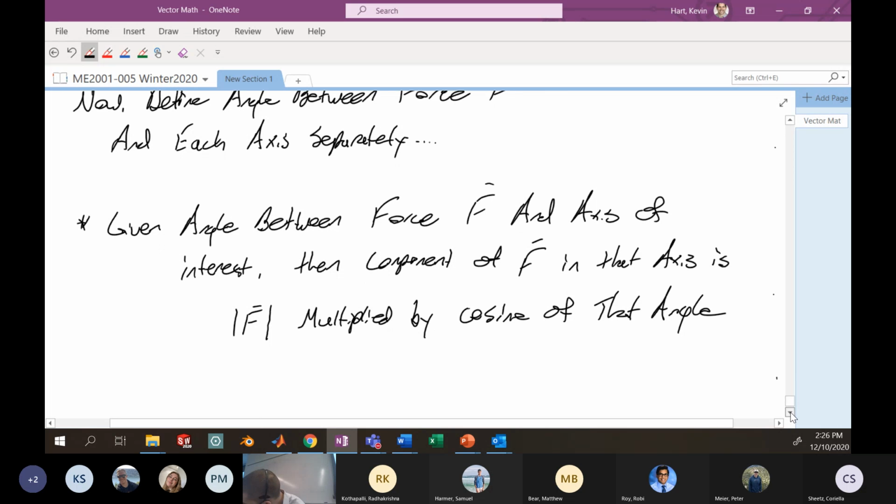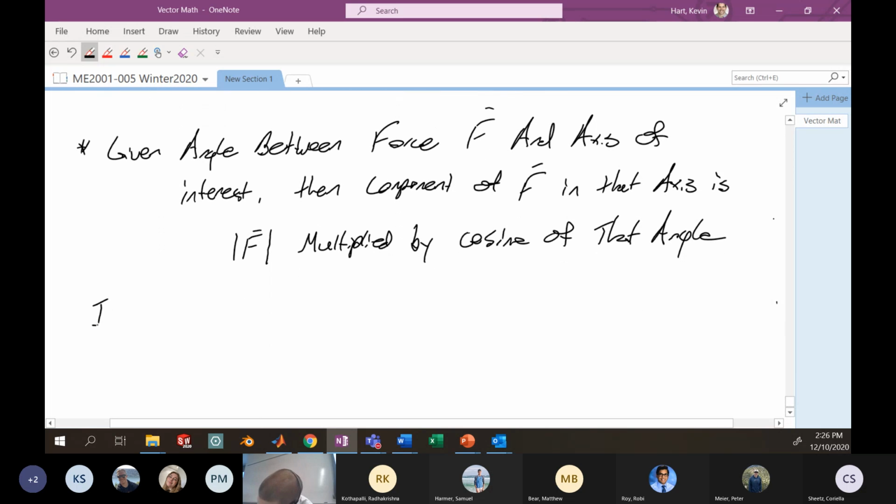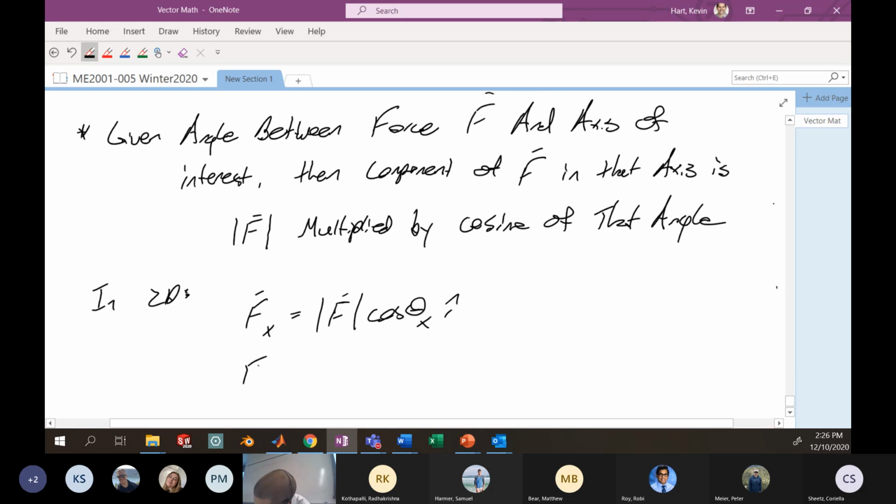Right? So in 2D, obviously, we saw that the force in the x direction is just the magnitude of the force F times cosine theta x in the i hat. And the force in y is the magnitude of the force multiplied by cosine theta y in the j hat.